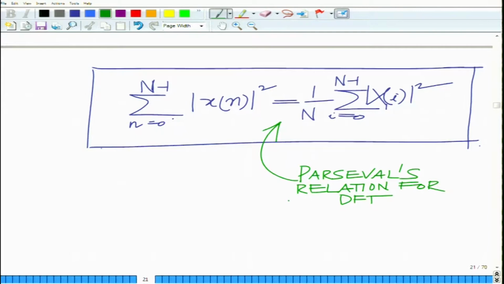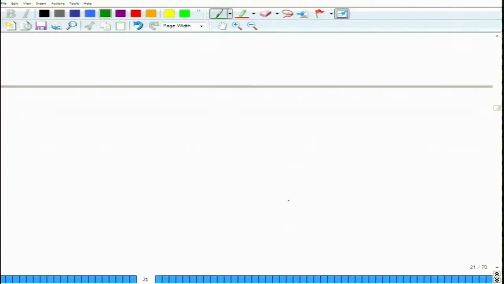So, what we can do now is start looking at some example problems for the Fourier analysis of discrete time signals.